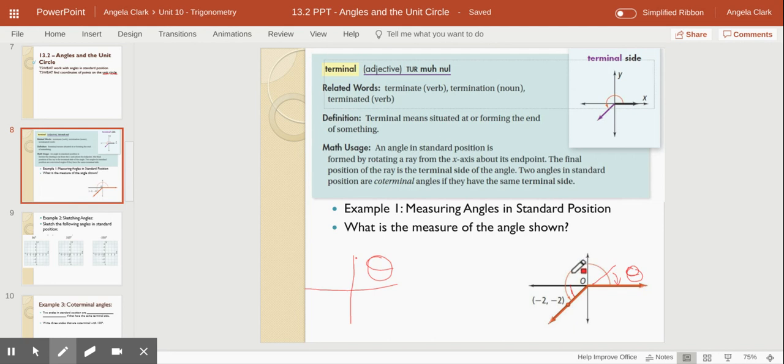Because 180 degrees would take me here, and then if I'm in the second quadrant, I would subtract that reference angle, and then I would be somewhere in the second quadrant, right? So second quadrant is 180 minus theta, or in radians, that would be pi minus theta.